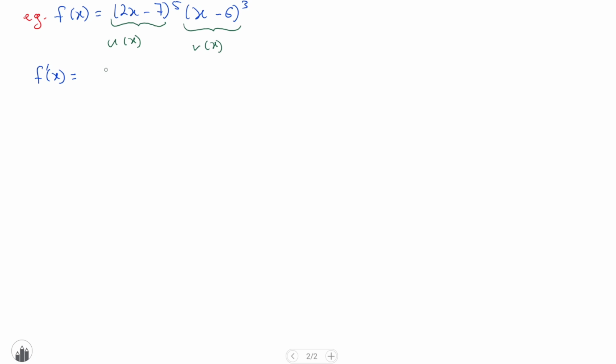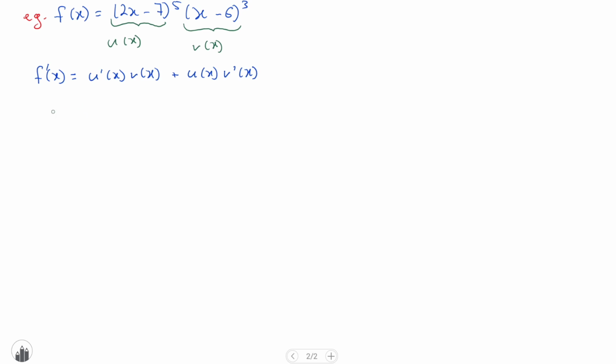dash of x, or df dx, is going to be u dash of x, the derivative of u, times the original function v of x, plus u of x times v dash of x. So all we really need to do is find the derivatives of u and v, and then we're home free.